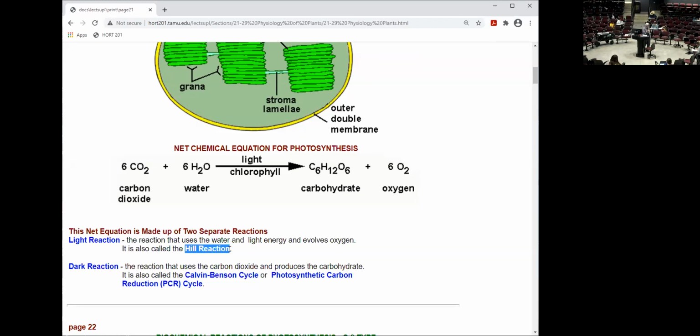So there's two reactions. I'll tell you right now, the light reaction occurs in the grana. The light reaction occurs inside the pancakes. The dark reaction occurs inside the fluid stroma. So you might want to write there, light reaction occurs inside the grana.